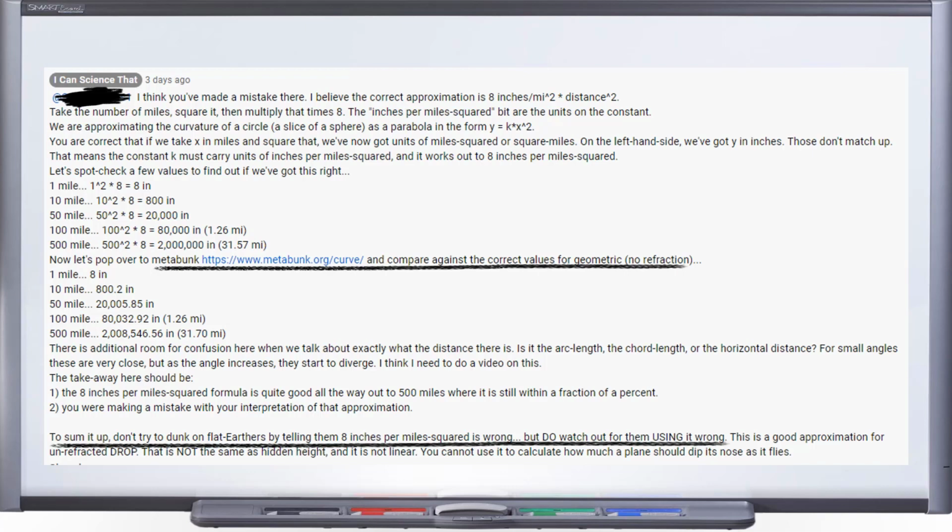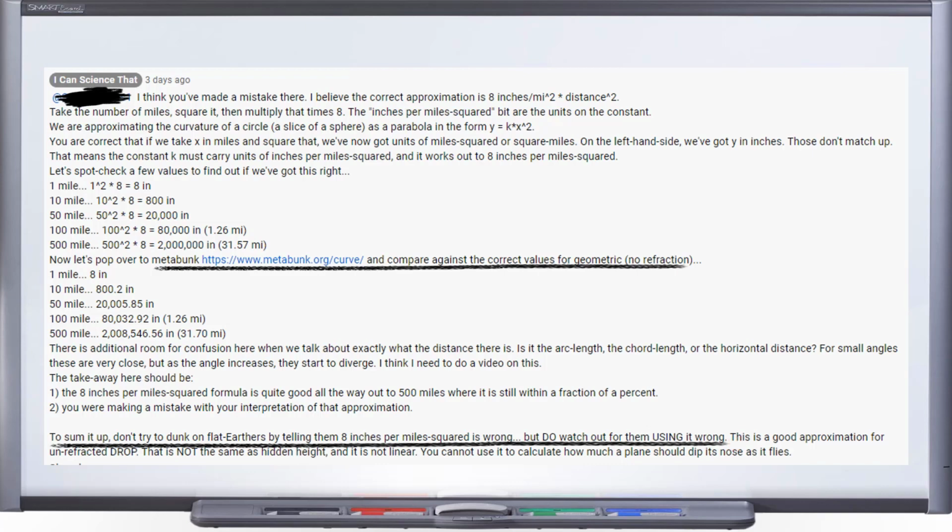And also this line here, I do want to stress that I think this is where the whole conversation maybe went off the rails. It feels like it was already off the rails, but I think it definitely went off the rails when, perhaps my mistake, I should not have written it this way, but I said, to sum it up, don't try to dunk on flat earthers by telling them 8 inches per mile squared is wrong, but do watch out for them using it wrong.